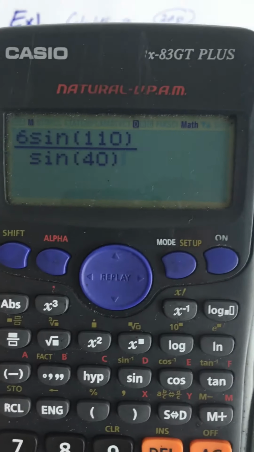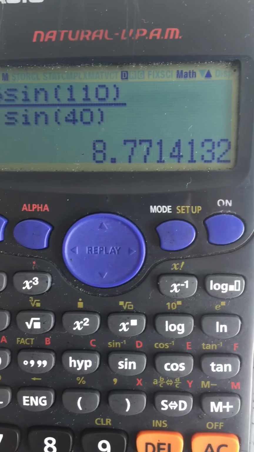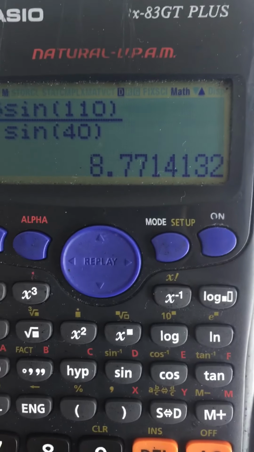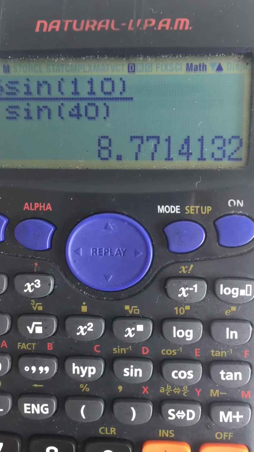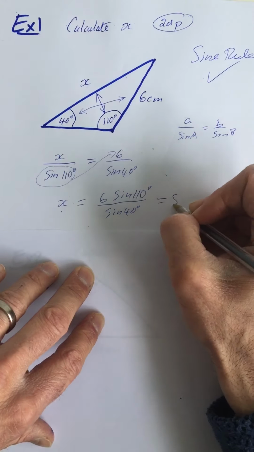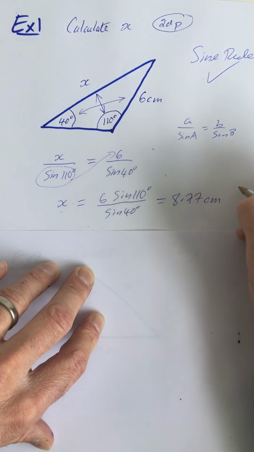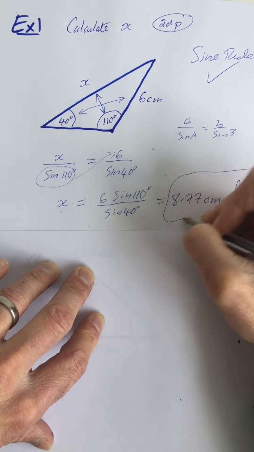It's also on degree mode, and all I do is press equals, and up comes my answer, 8.7714. Now they want it corrected to 2 decimal places, so it's 8.77, and the units are centimeters, and that is my answer.